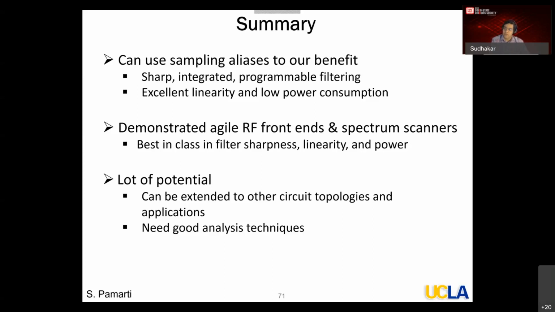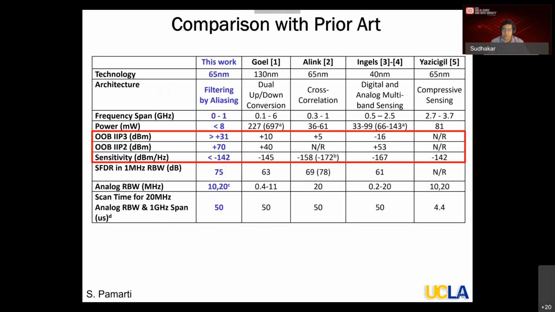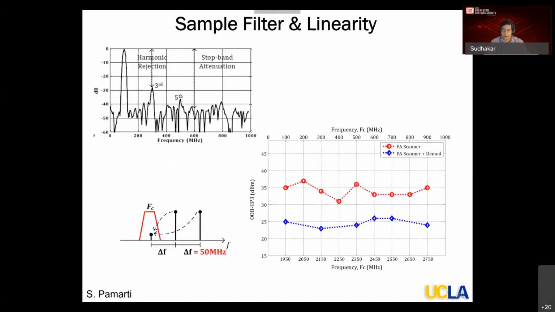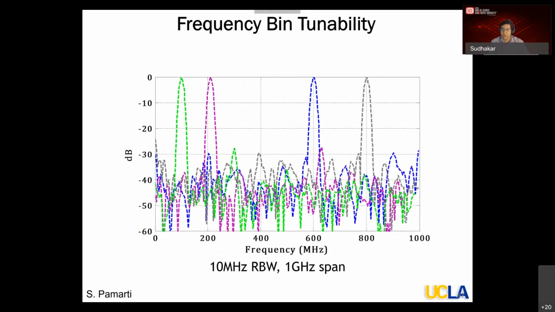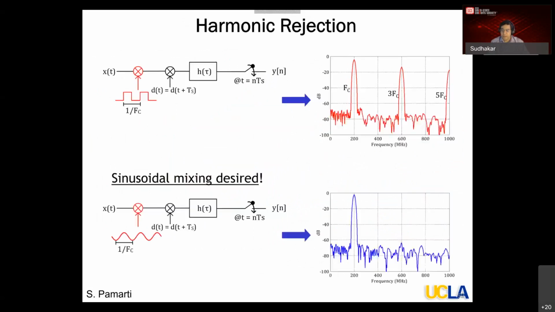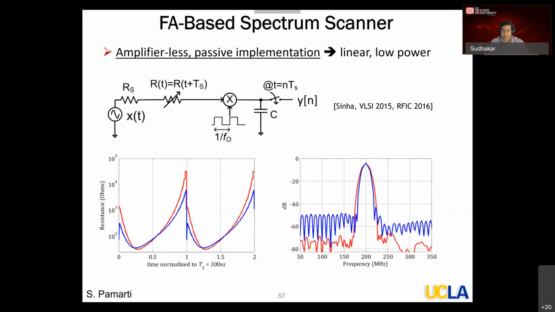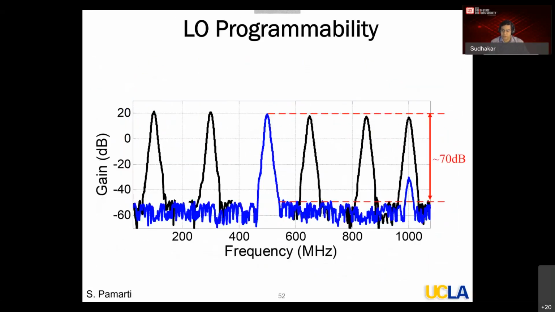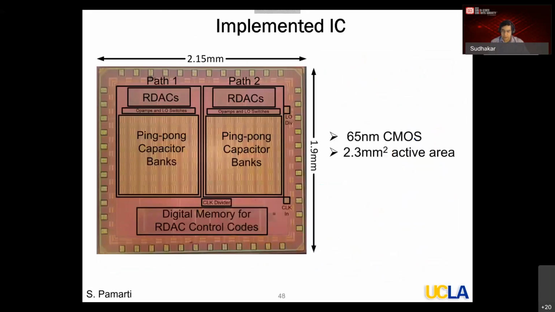That is the sensitivity to the resistor variation, which is not that bad. Even with 10-bit, you can get very sharp filtering. I had a curve, particularly with the time interleaved version. Even with 10-bit, you can get a very good filter attenuation.